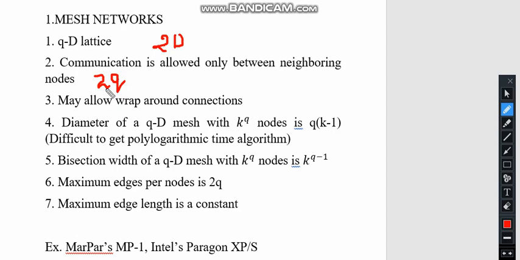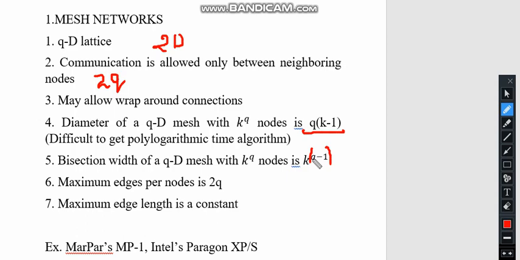Sometimes we also have a wrap around connection that I will discuss with you. The diameter of a q-D mesh network with k to the power q nodes is given as q into (k minus 1). The bisection width of the q-D mesh is given as k to the power (q minus 1) when we have k to the power q nodes.